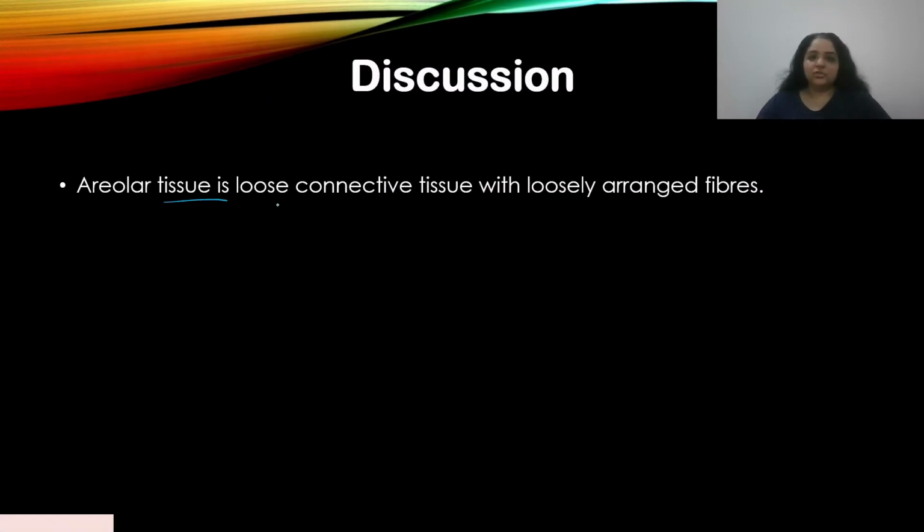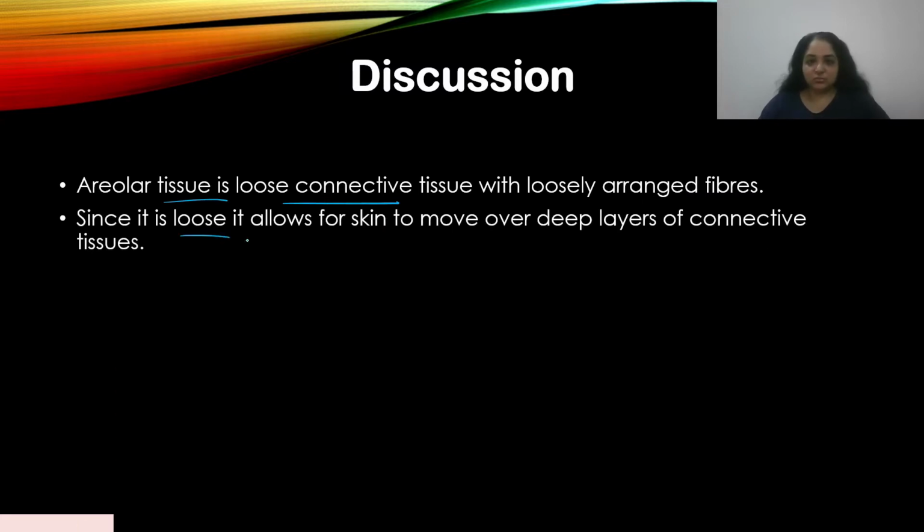So areolar tissue is loose connective tissue with loosely arranged fibers. You have your epidermis, you have your dermis, and then below that you have all your connective tissues. The areolar connective tissue helps you move your muscles and your skin over each other, and it's also very helpful in hollow organs to be able to distend easily.